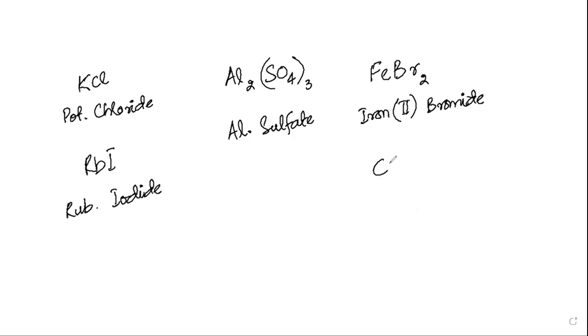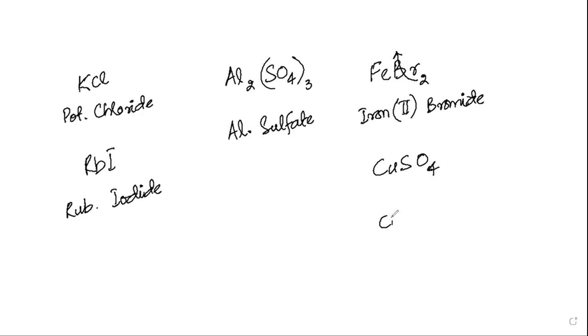Good. What if I use a different transition element? How about this one? Copper 4 sulfate. Okay. And yeah, this is a good thing that you can cross multiply this too, but that doesn't work every time.